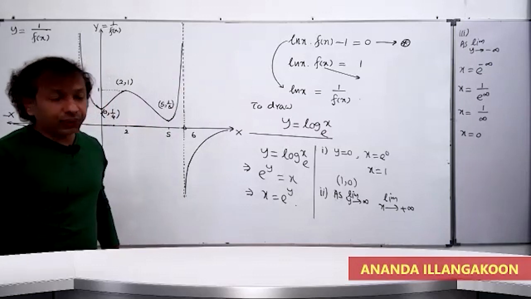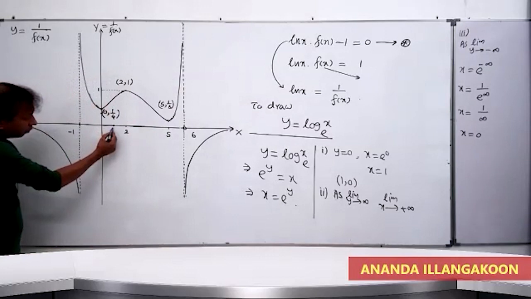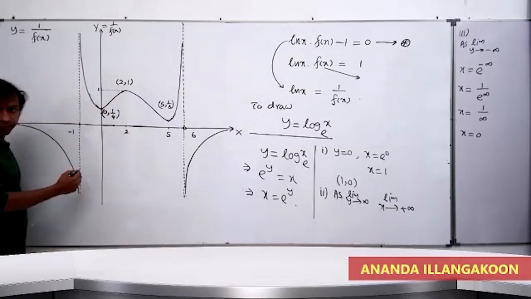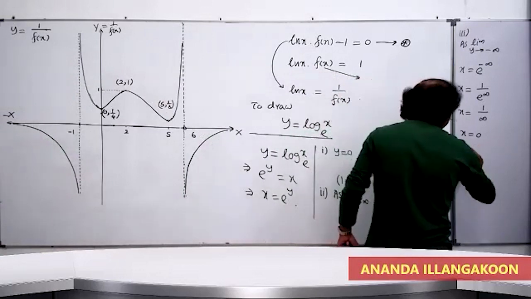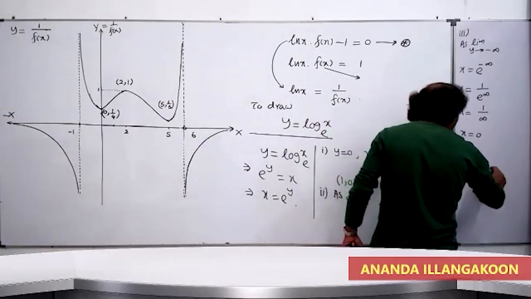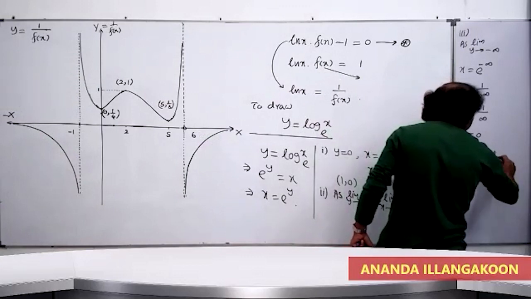As x going to 0, that means when we come closer to the y-axis, right here. This one you can write. Therefore, as limit x going to 0, y going to negative infinity.